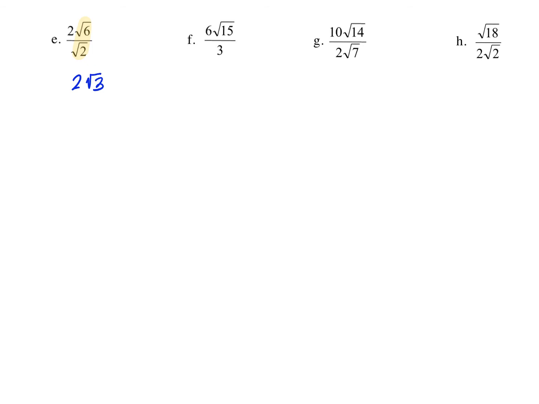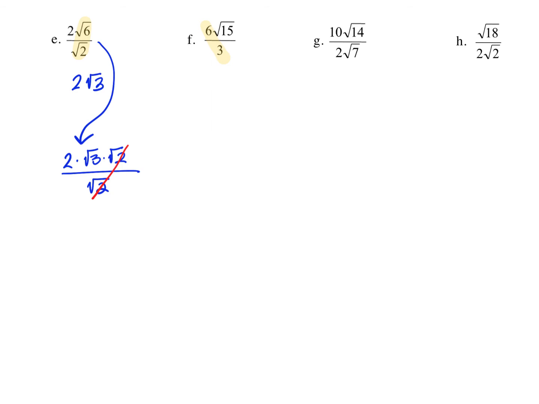If you're wondering how I got that, I'll show a little bit more work. I can break up the square root of 6 into the square root of 3 times the square root of 2 over the square root of 2. So then I have a root 2 on top and bottom, so I can cross those out, leaving me with 2 root 3.